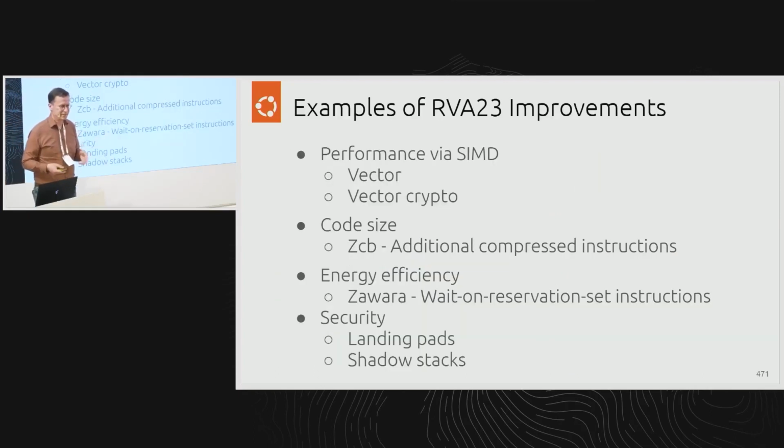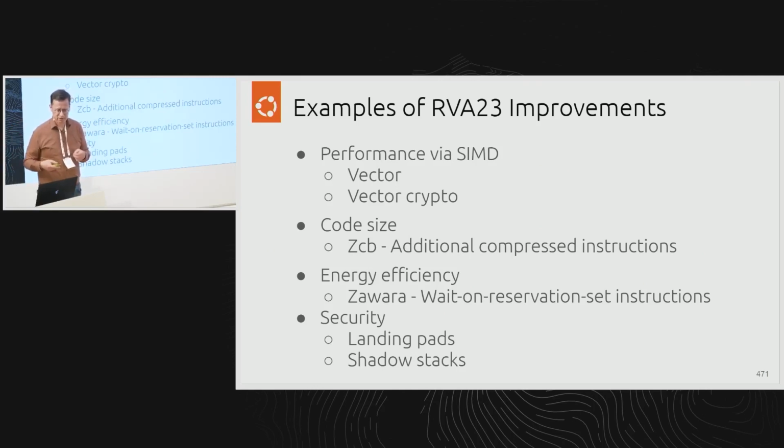So the one thing is increasing performance via single instruction, multiple data. So we have vector instructions as an optional part, also vector crypto. There are extensions coming now for reducing the code size further so that one can replace some of the 32-bit instructions by 16-bit. There is an extension to improve energy efficiency.